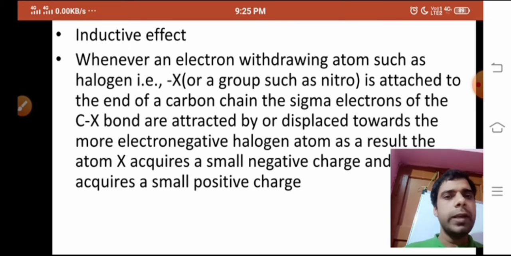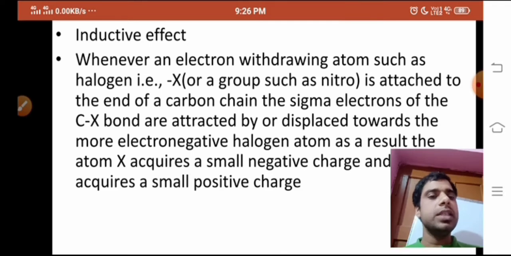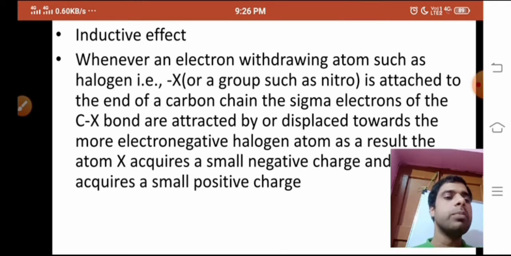You have understood, and this inductive effect is a permanent effect. It will take place only in the single bond, and a single bond is called a sigma bond. The bond which is formed by sharing of two electrons forms the single bond, and single bonds mean sigma electrons.